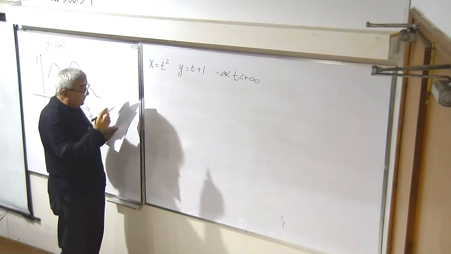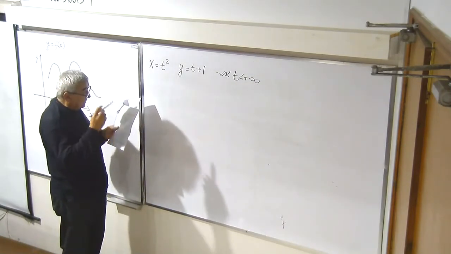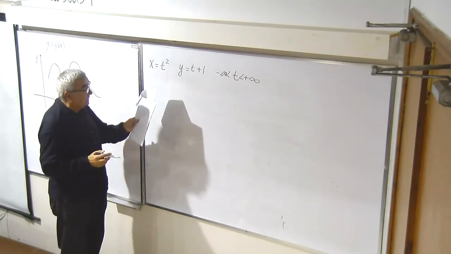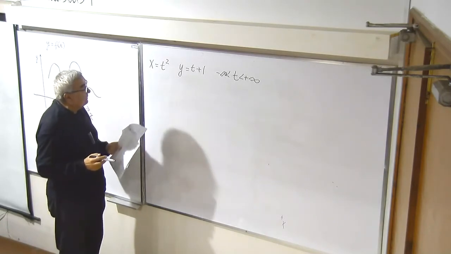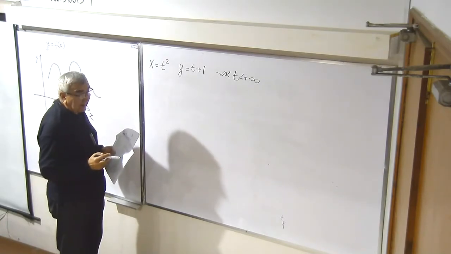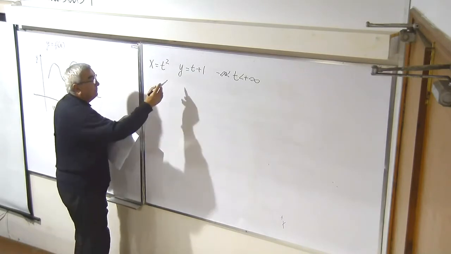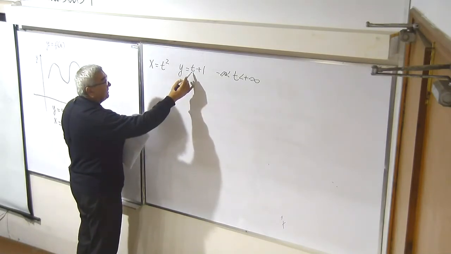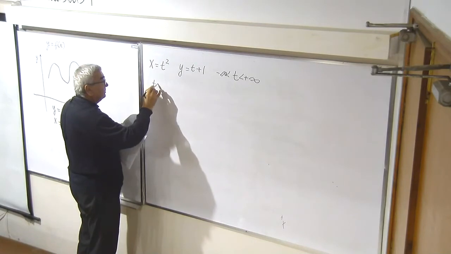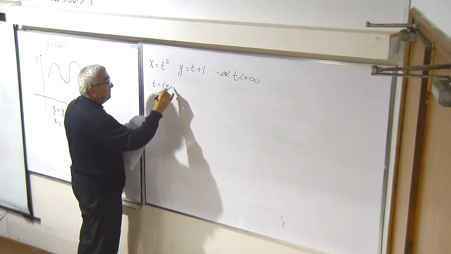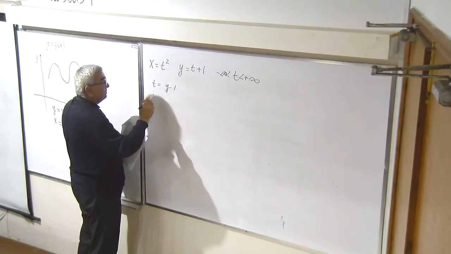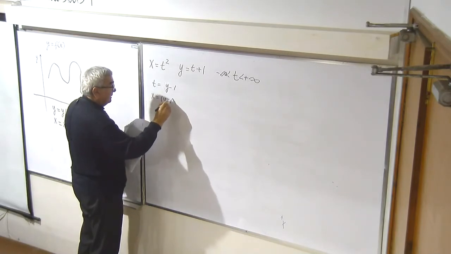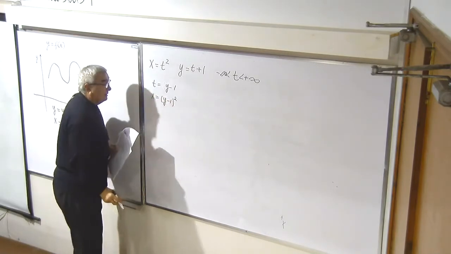If you would like to find the dependence of y on x, it is possible to find the inverse function, that means x as a function of y. Why? Because from here I find t. You see, t should be equal to y minus 1. Substituting here, x will be equal to (y minus 1) squared.